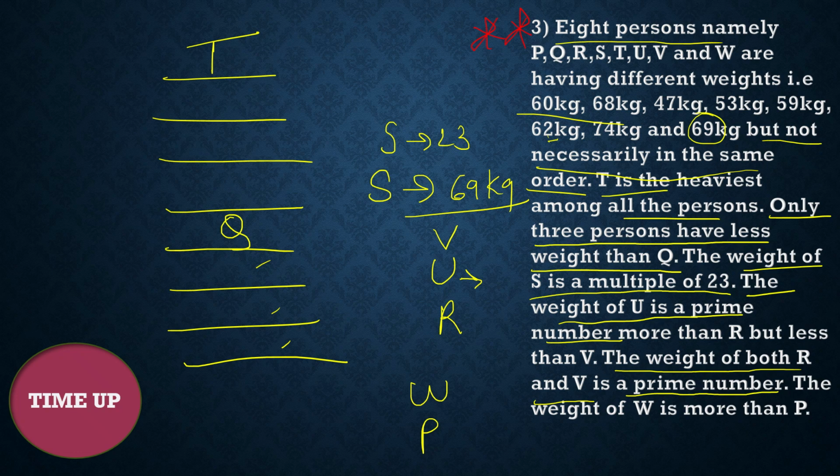One is 47, correct? And one is 59 you can see. These are the prime numbers. They have said that the weight of U is a prime number and R and V is also a prime number, correct?